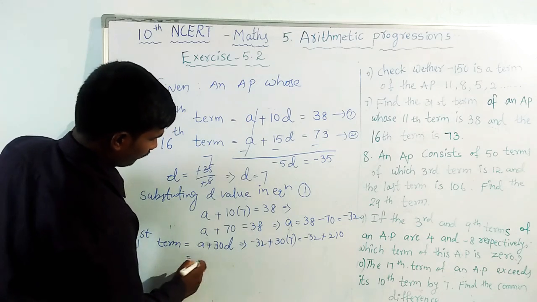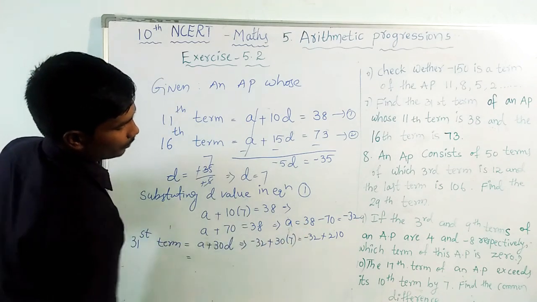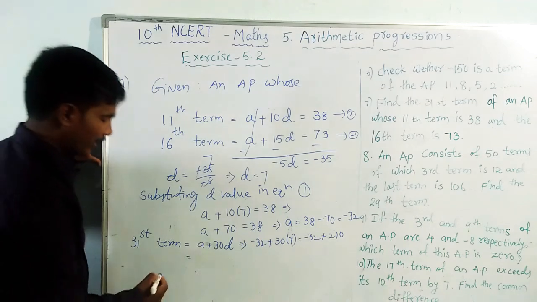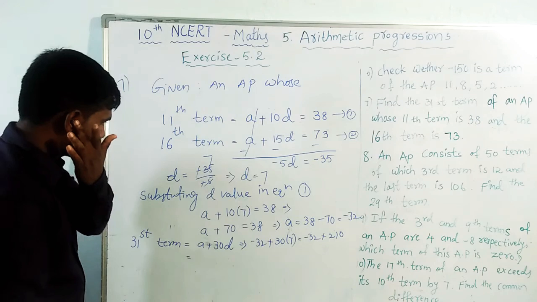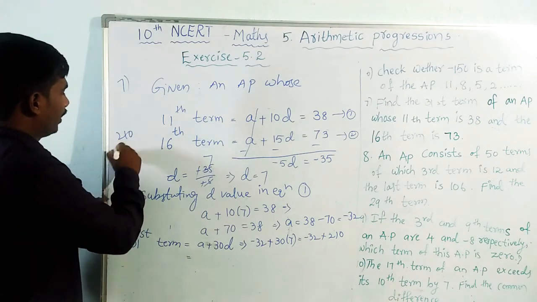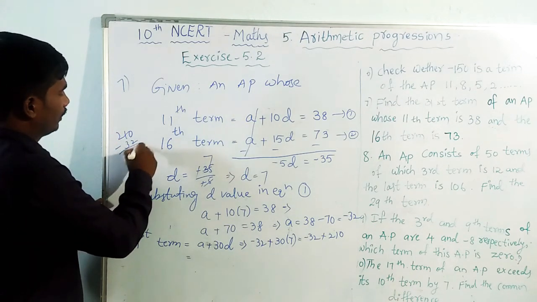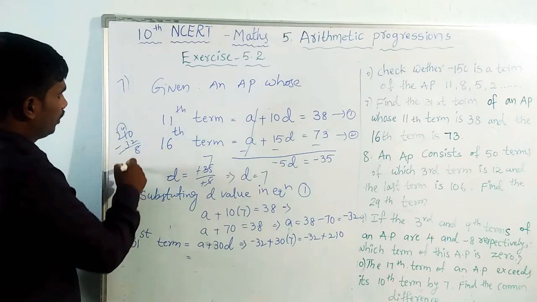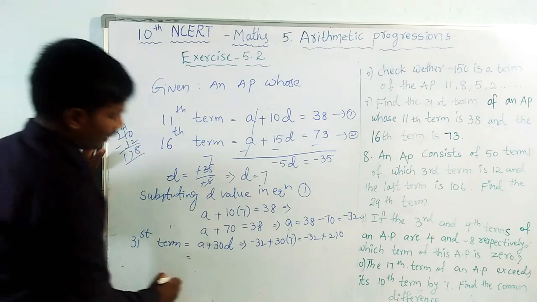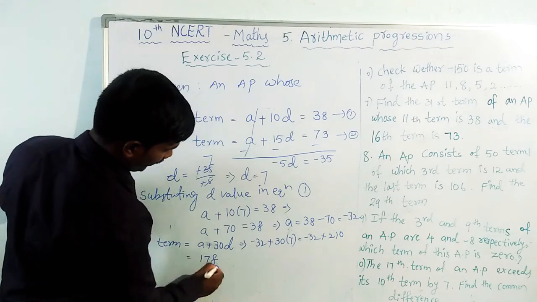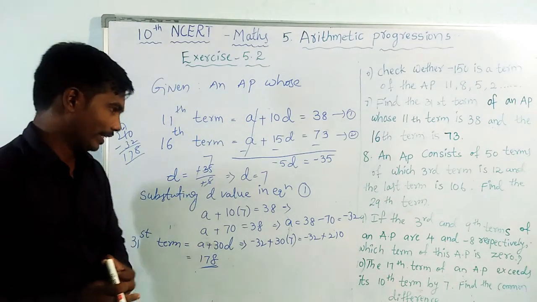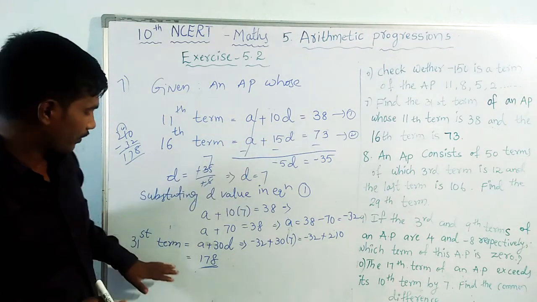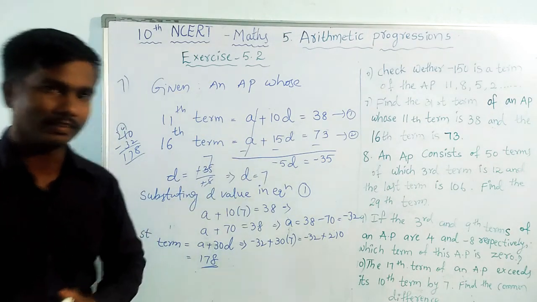So the 31st term is minus 32 plus 210, which is 178. So the 31st term is 178.